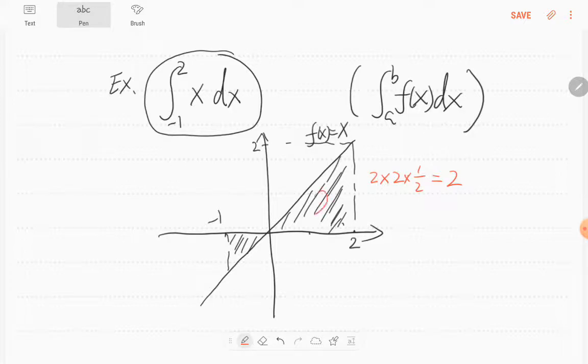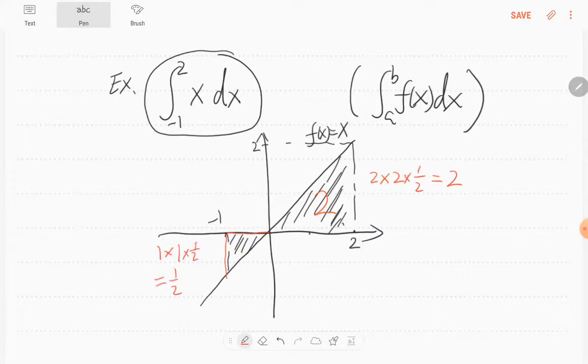So here is 2 units, and this is positive. And for this region, the height is 1 and the base is also 1, times 1/2, which is equal to 1/2.